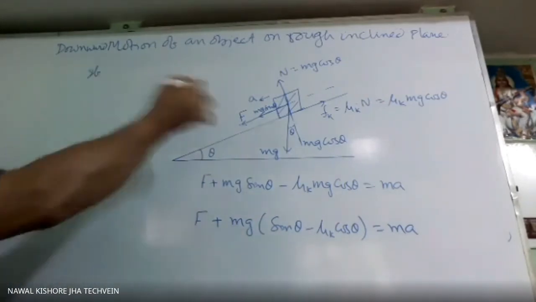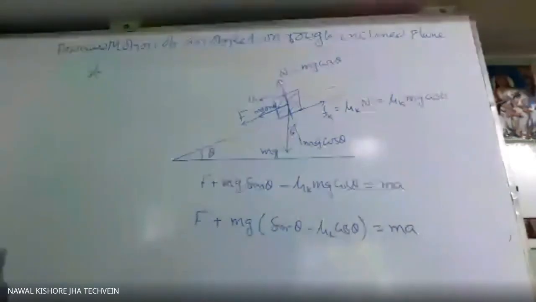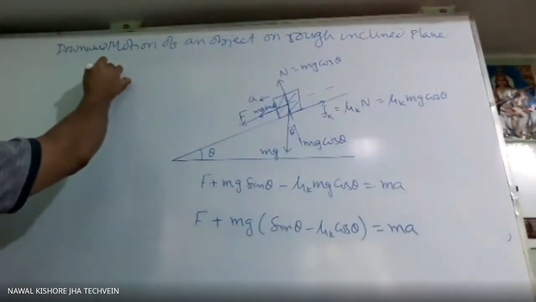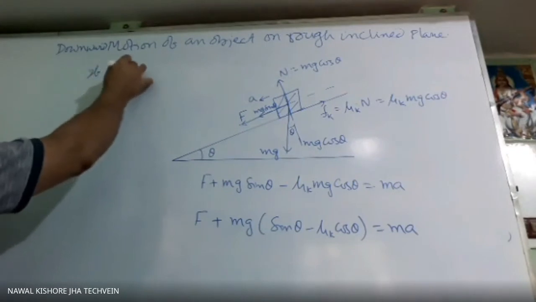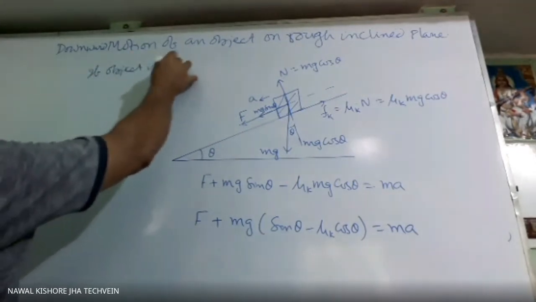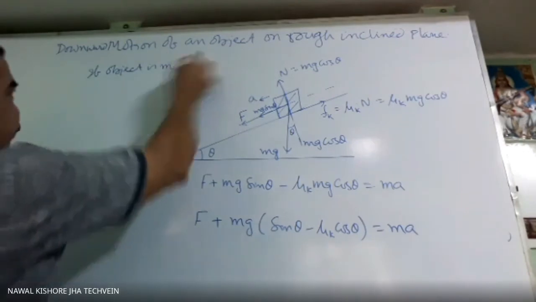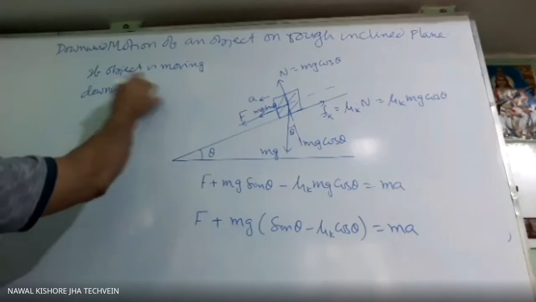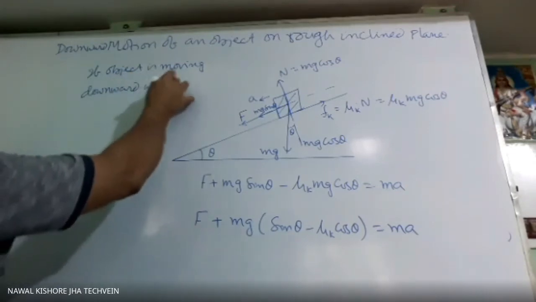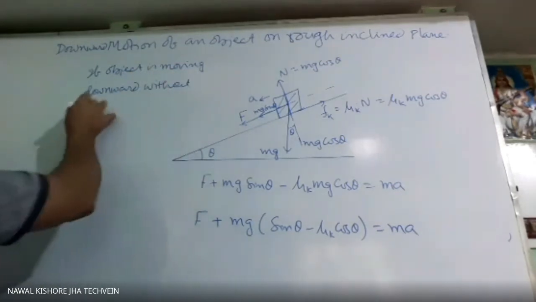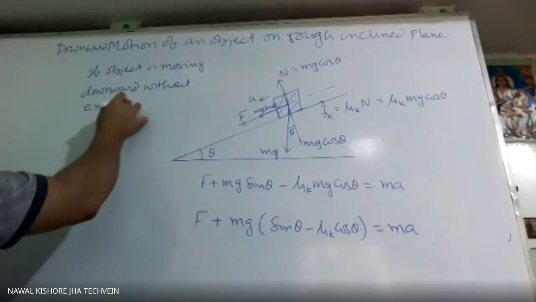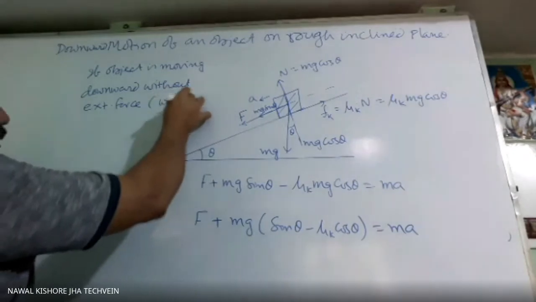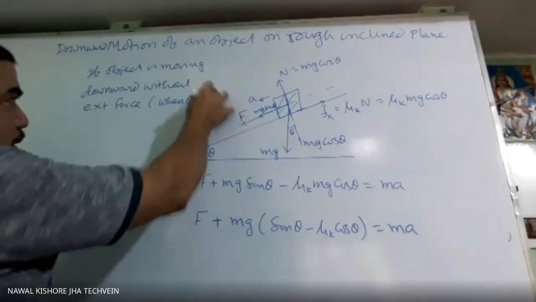So if the object is moving downward without external force, this will happen only when theta is more than theta naught. Then only it can happen.